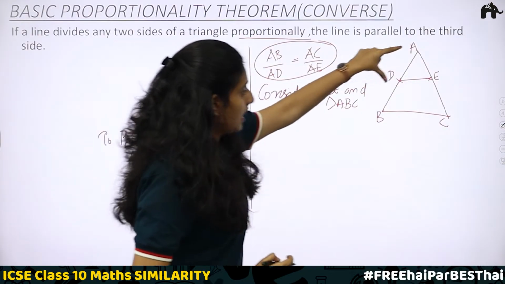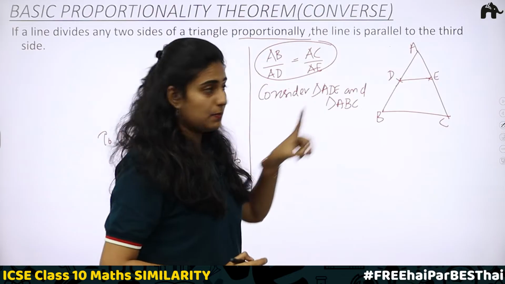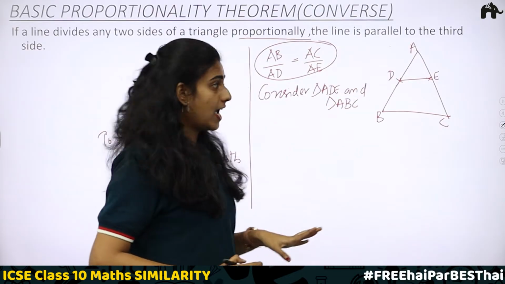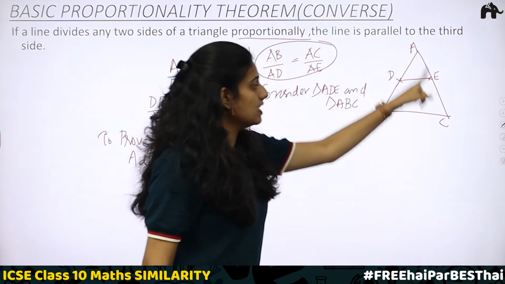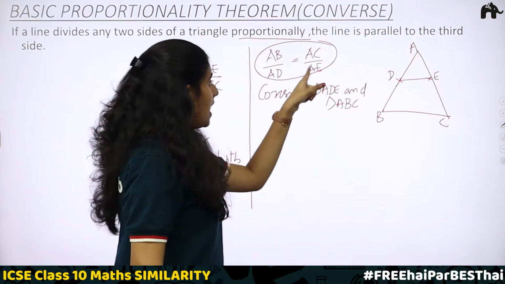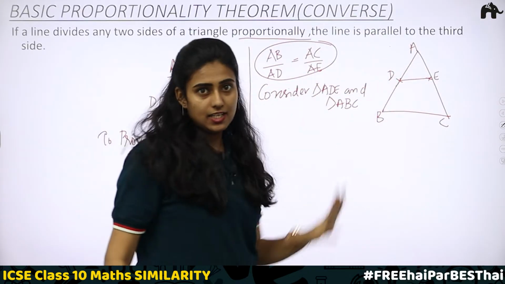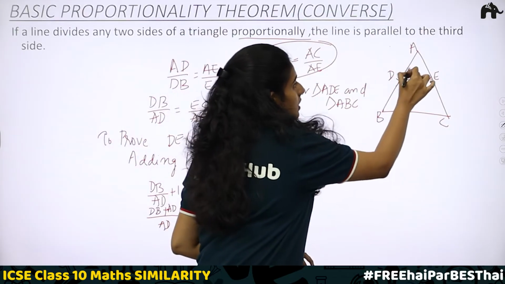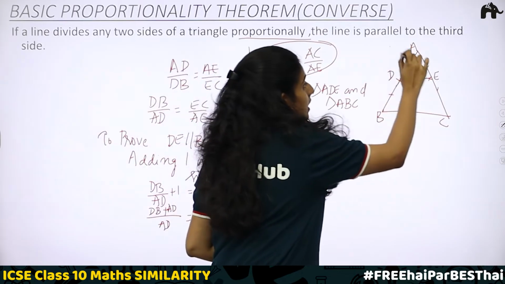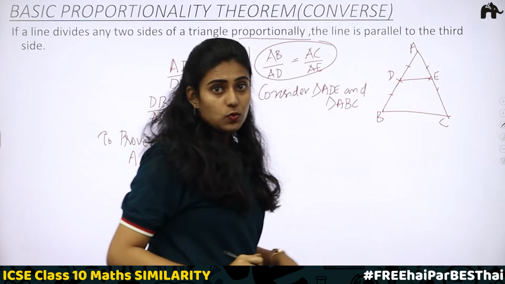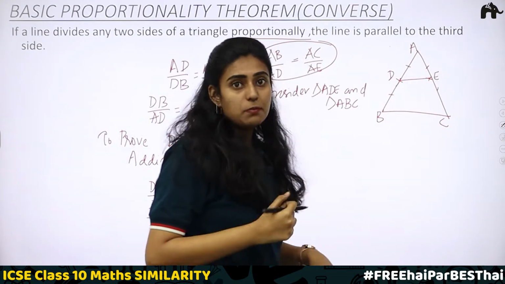AB by AD. AB is part of triangle ABC and AD is part of triangle ADE. Also AC. AC is part of triangle ABC and AE is part of triangle ADE. Okay. So, these sides we are getting equal. The ratio of these sides are equal or the corresponding sides are proportional.